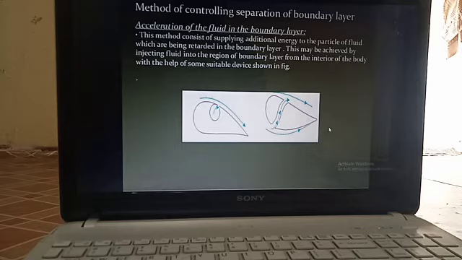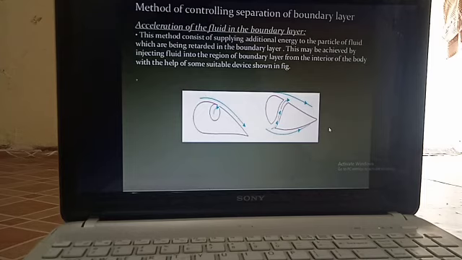In the next lecture we will see new concepts like drag force on a flat plate due to boundary layer, including the derivation of the drag force.